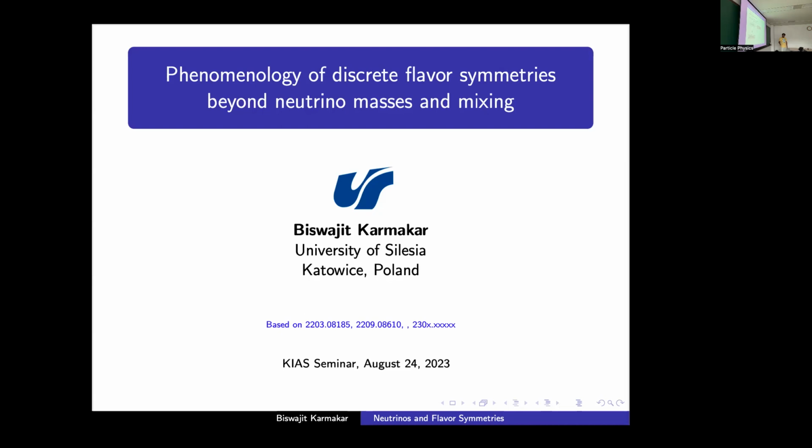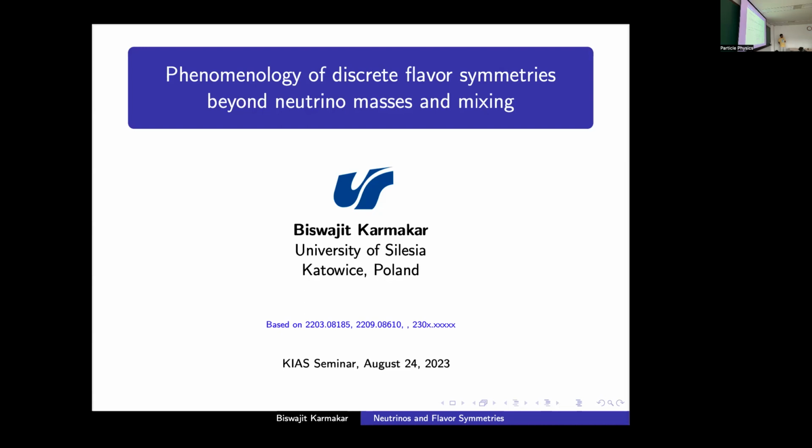Can you go back to the other slide? I'm asking because I probably don't know this. So you just assume mu-tau symmetry, and then it will automatically give you this mass matrix, right? Yes. And then you need to diagonalize this, and if you diagonalize, you will get the PMNS matrix. But that should also depend on the neutrino mass, right?